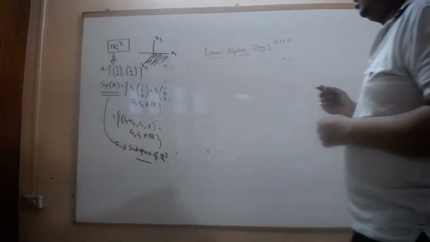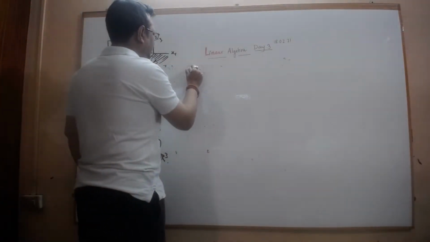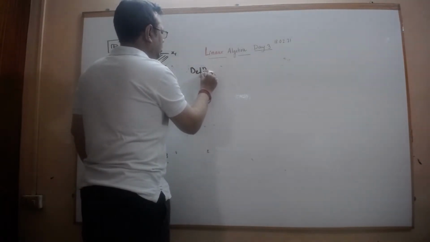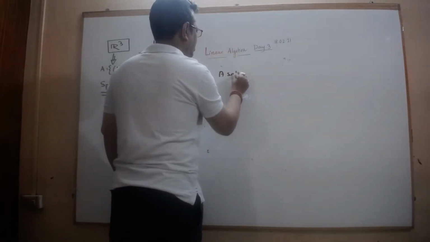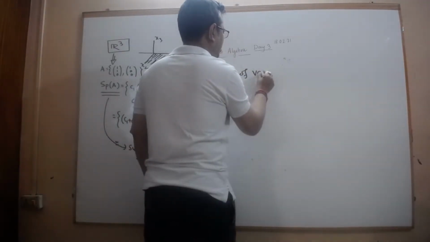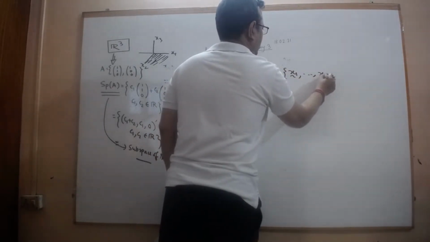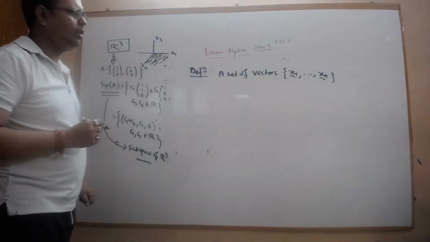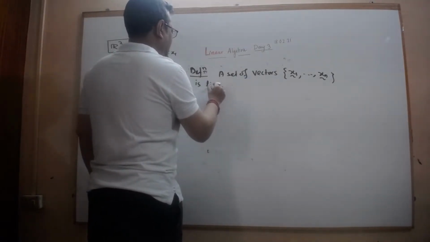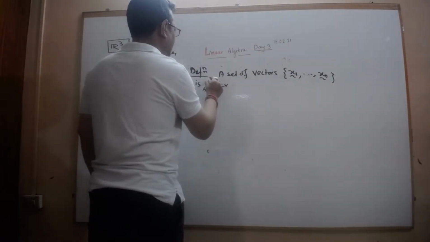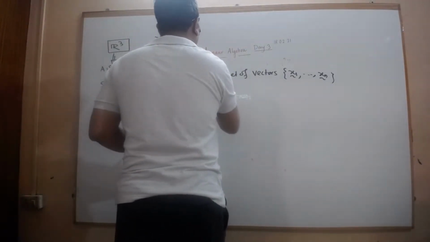Now, definition: a set of linearly independent vectors. It is better to write that way.